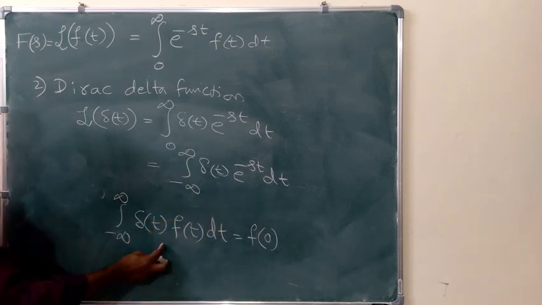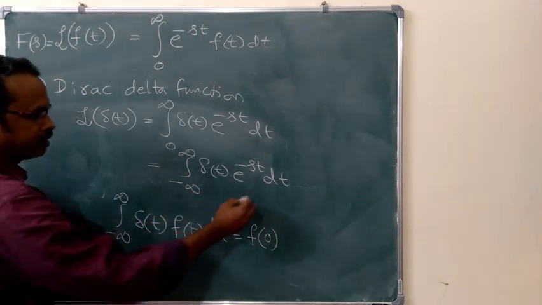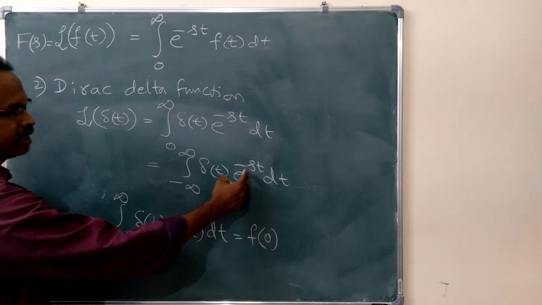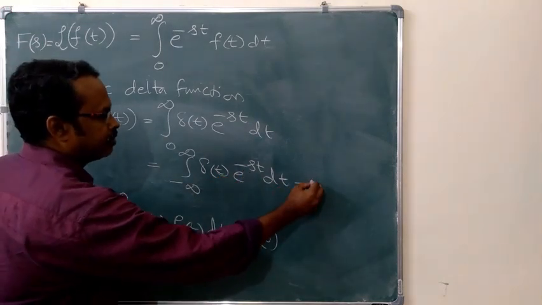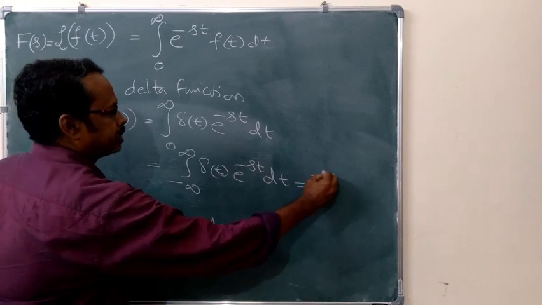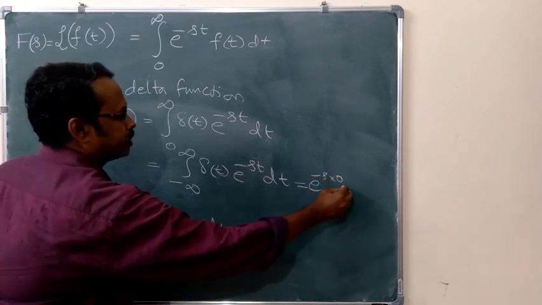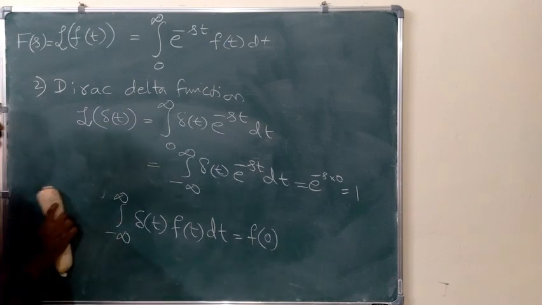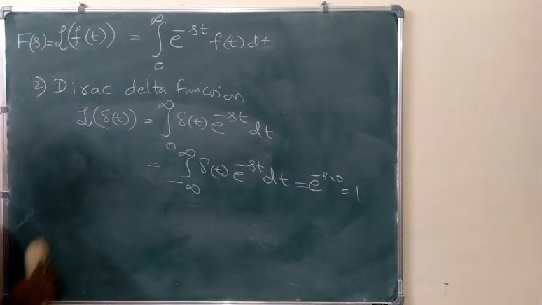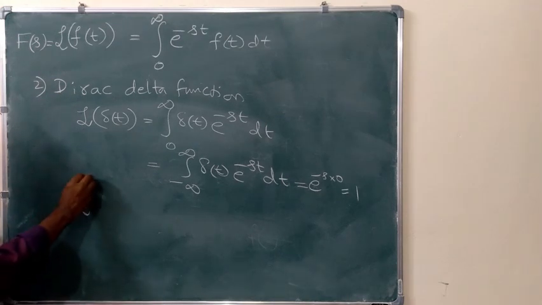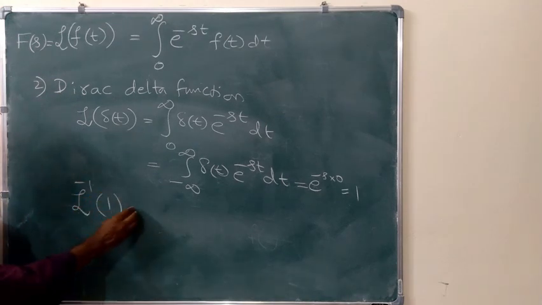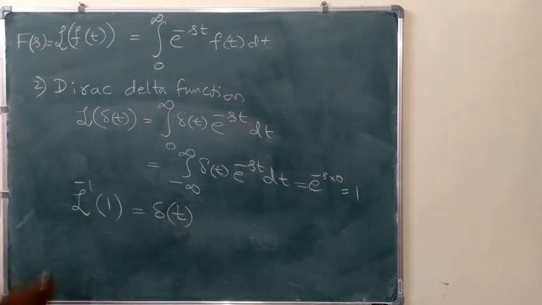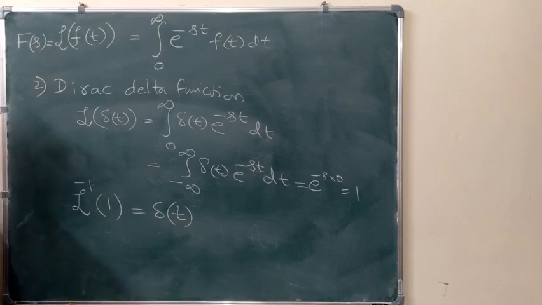When we apply this property here, in the place of f of t we have e to the power minus st, and therefore this is equal to e to the power minus s into 0, which is equal to 1. So the Laplace transform of the Dirac delta function is equal to 1. Now what is the inverse Laplace transform of 1? It turns out to be the Dirac delta function. So L inverse of 1 equals delta t.